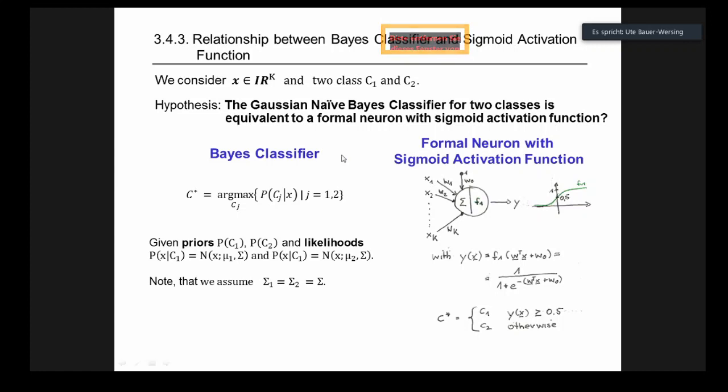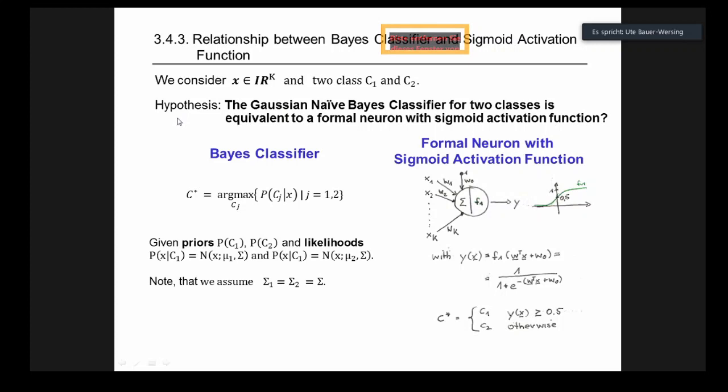What we want to now show is there is a relation between the Bayes classifier and a formal neuron with a sigmoid activation function. So let's go back to our formal neuron. Our formal neuron gets k inputs, so we have a vector x which is an element of k-dimensional space. And because we have one formal neuron, we are considering two classes, C1 and C2.